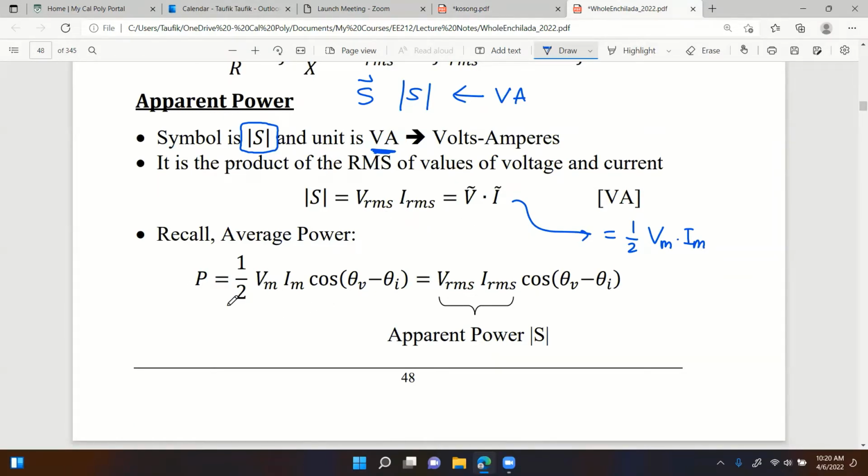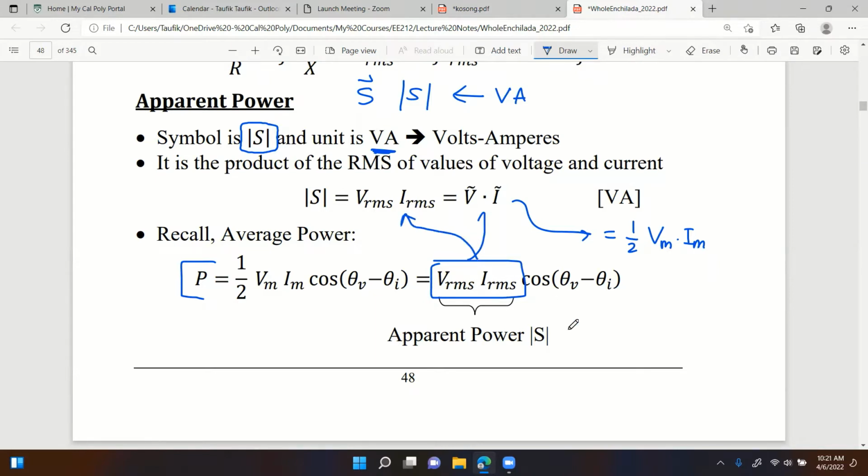Again, I rewrite the average power equation. That's 1/2 VM IM cosine of theta V minus theta I in terms of peak values, and VRMS IRMS cosine of theta V minus theta I in terms of RMS. Notice that a portion of the equation for P is VRMS times IRMS. Isn't that our apparent power?